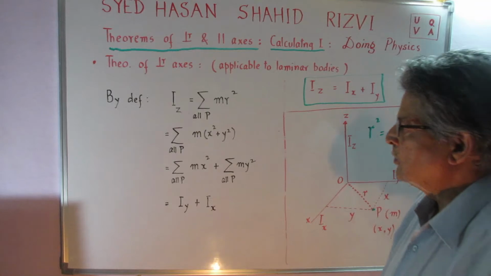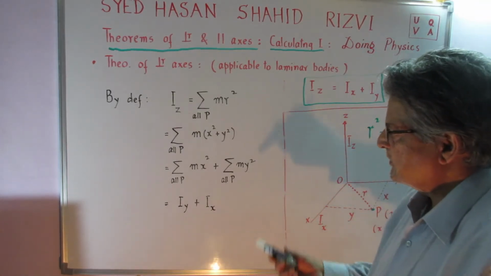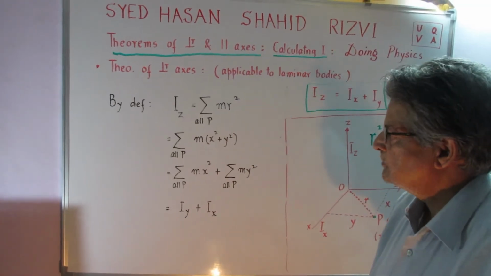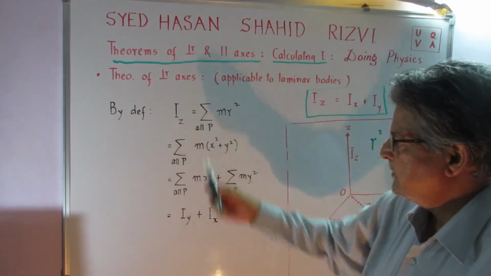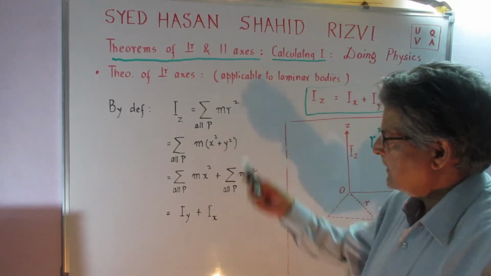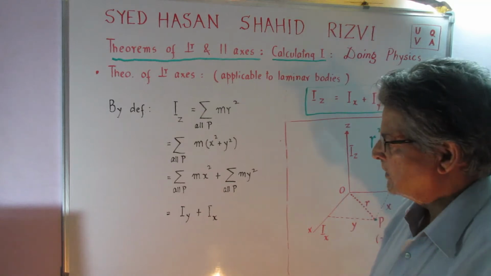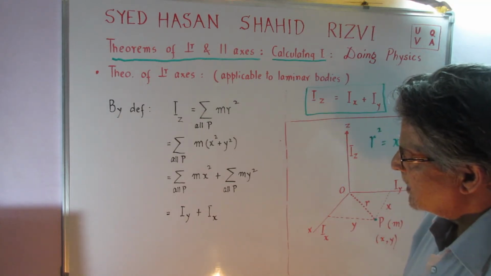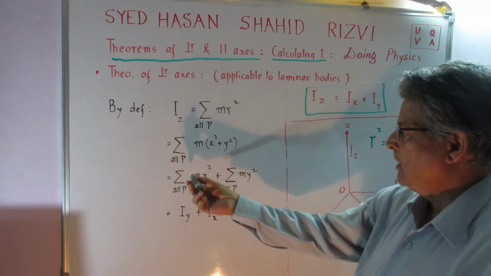To prove this theorem, I just take a single mass, mr square is the value of Iz defined, and then I sum it over all the points, all the masses. So I can write this as equal to sigma for all points.